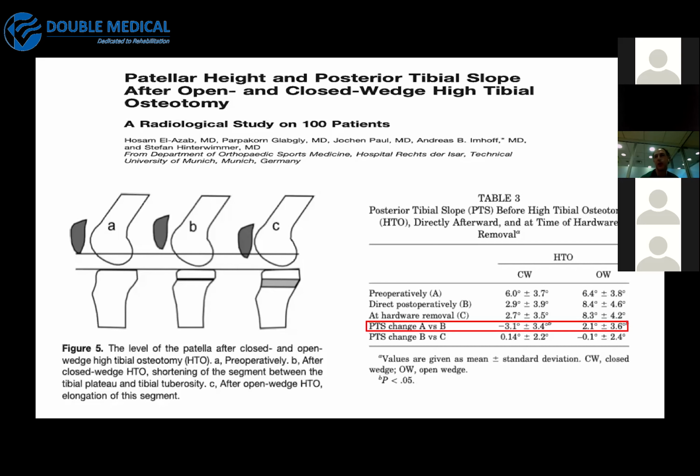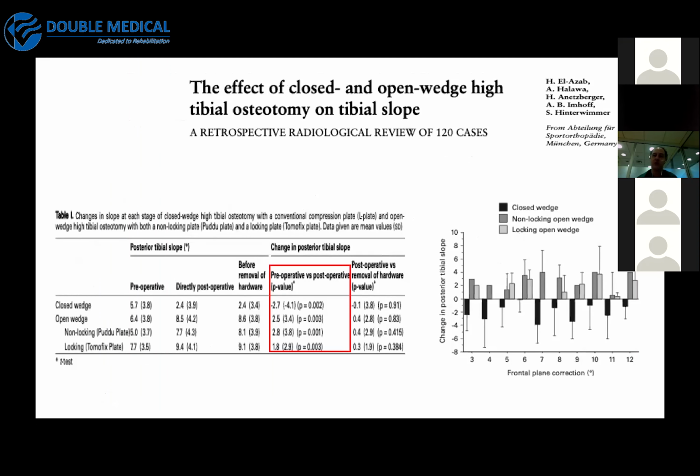And if we are doing a closing wedge, we are decreasing the posterior slope by 3 to 4 degrees if the correction is less than 10 millimeters. So these factors we need to know, and we need to check our patient's patellar height and slope before the procedure. This is a study from the group of Andreas Imhoff.